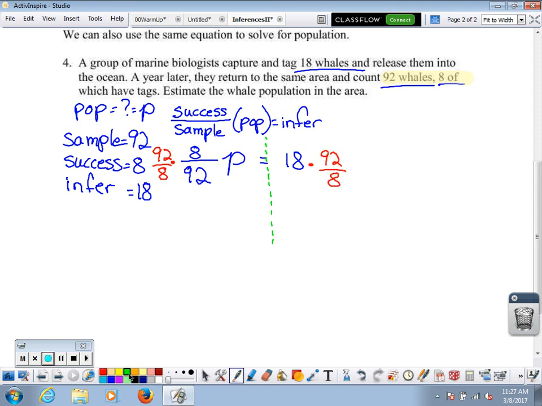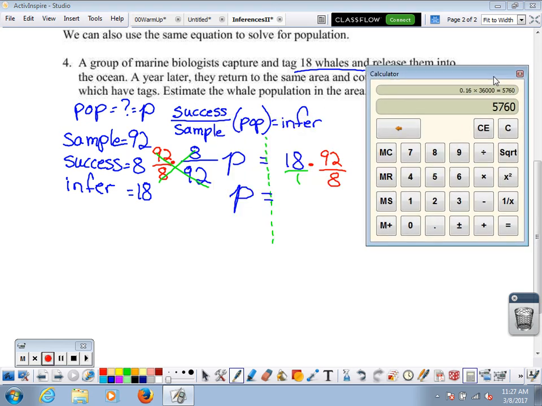Okay, which means that this 18 is going to go over 1. Now on the left side, when we multiply, we're going to end up with multiplying reciprocals. They're going to totally cancel. And P is all by itself. Okay, then on the right side, if I do 18 times 92, we'll get 1,656.